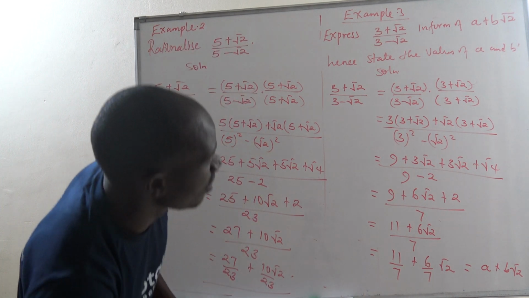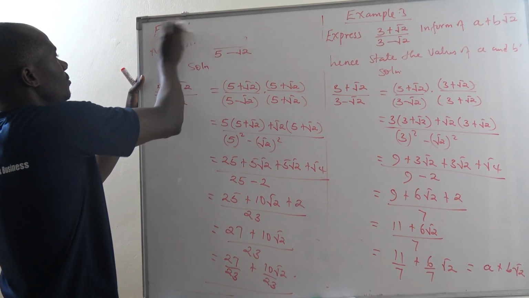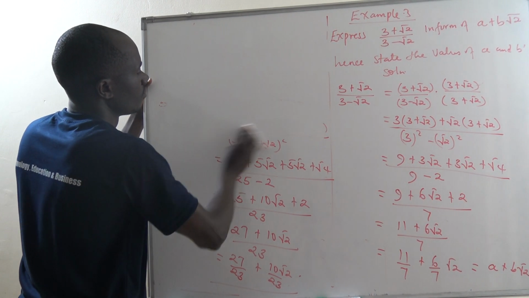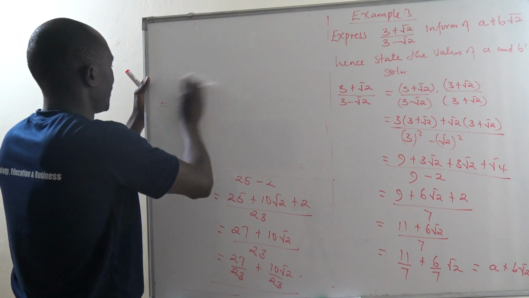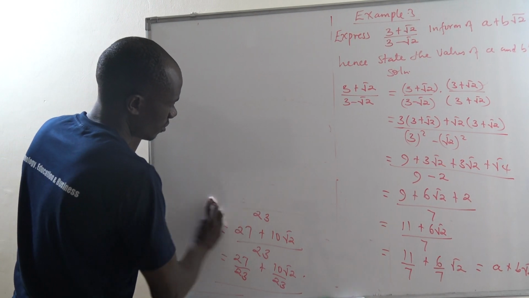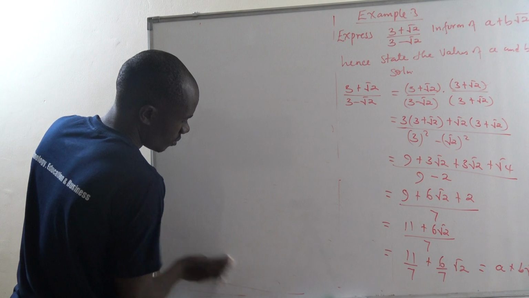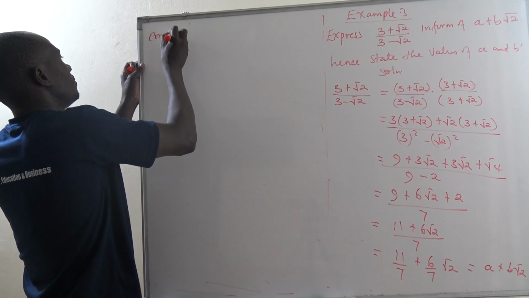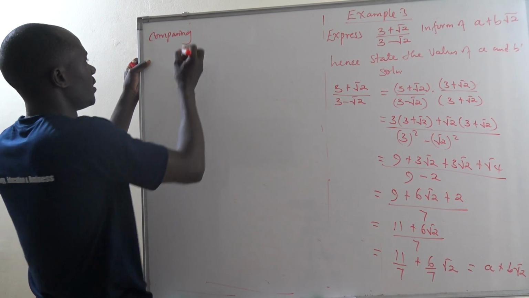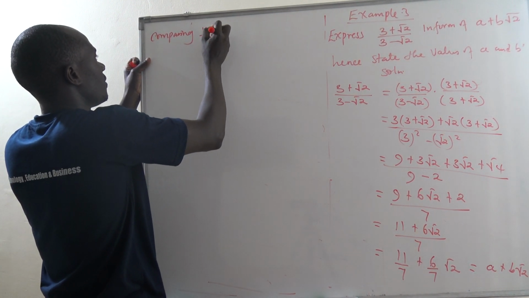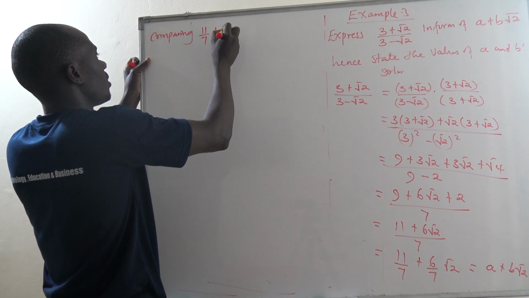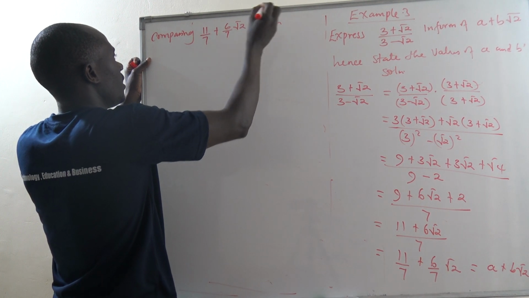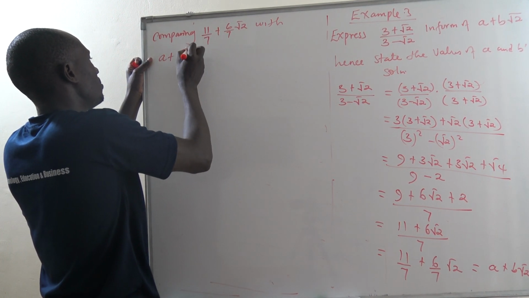You can go ahead and say comparing 11 out of 7 plus 6 out of 7 root 2 with a plus b root 2.